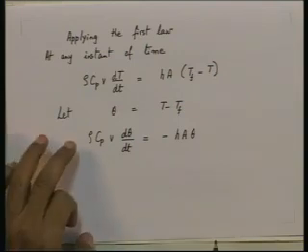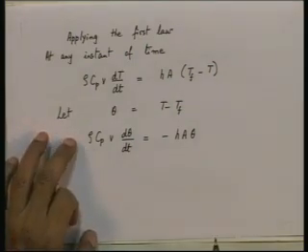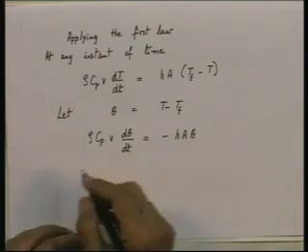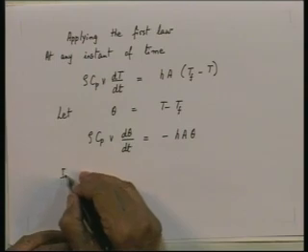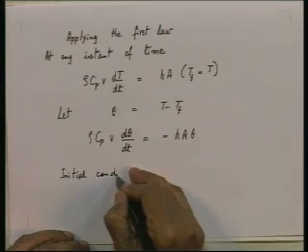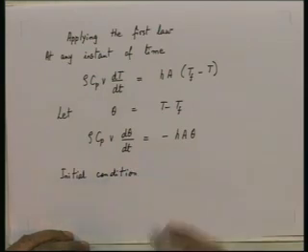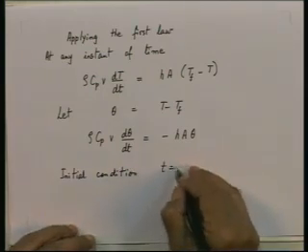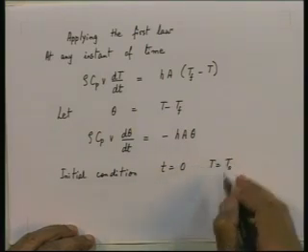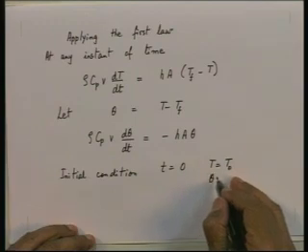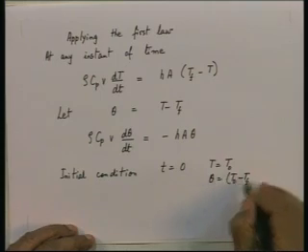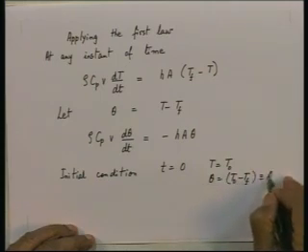Integrating this differential equation and using the initial condition, what is my initial condition? At time t equal to 0, T is equal to T 0, or theta is equal to T 0 minus T f, which I will call theta 0.